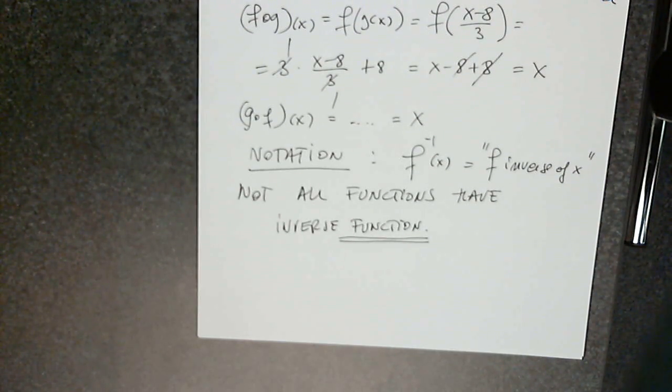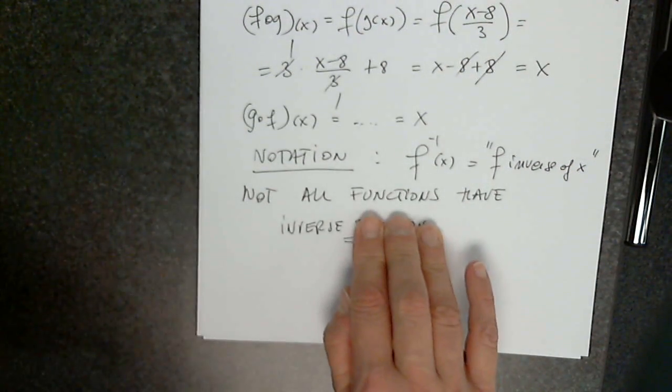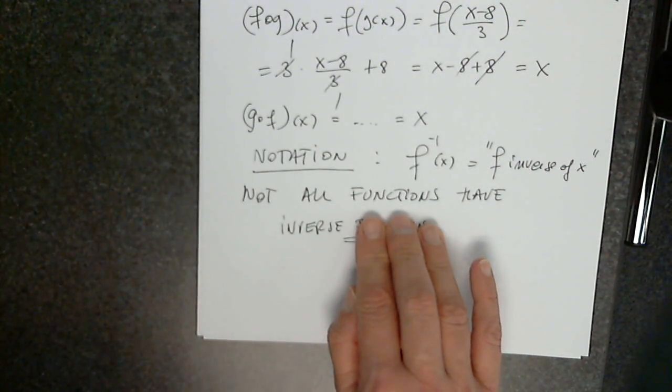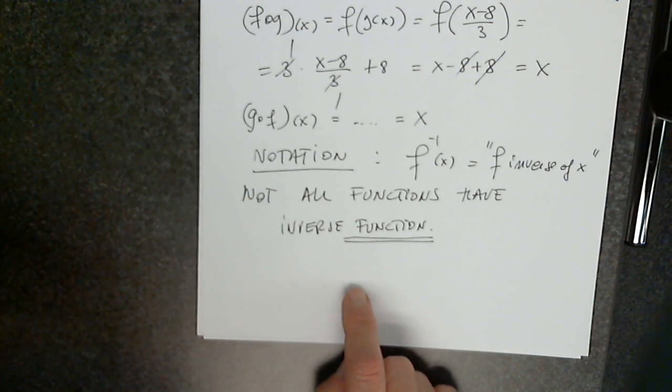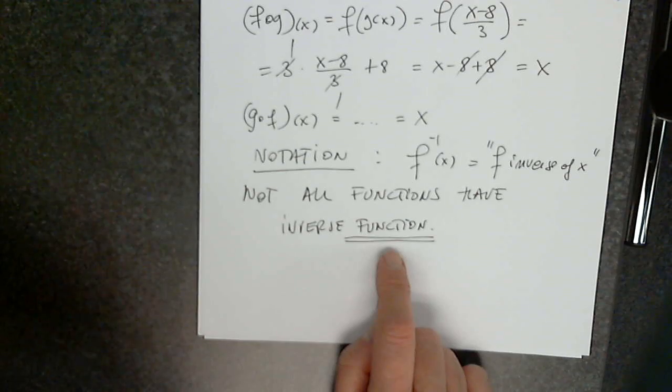Yes. But not all of them are functions. So we are interested in functions that have a specific property, whose inverses are also functions. Can all functions have an inverse? Yes, but not an inverse function. So the inverse is not always a function.